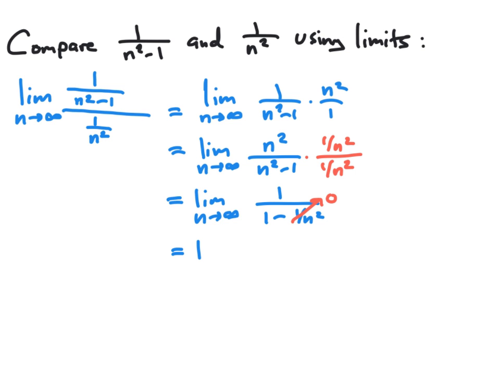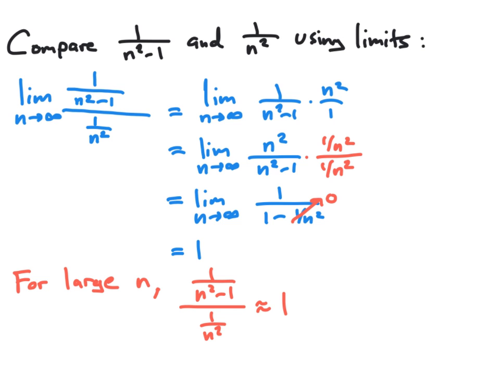And so what we've shown is that the limit when we divide our given term of our given series by the corresponding term of the comparable series, we get a limiting value of 1. Now what this means is that for large values of n, this is the limiting part as n goes to infinity, our quotient of our given term and our comparable term is approximately equal to 1.